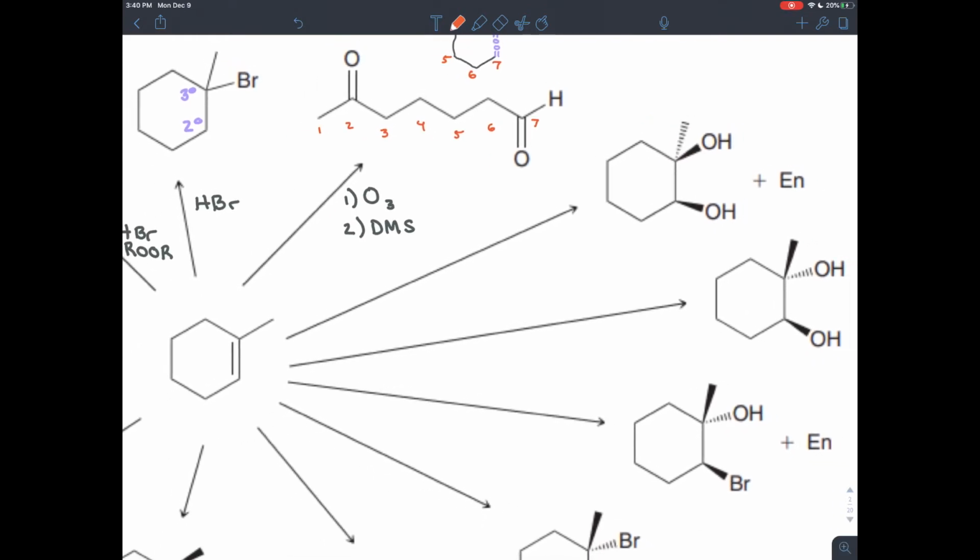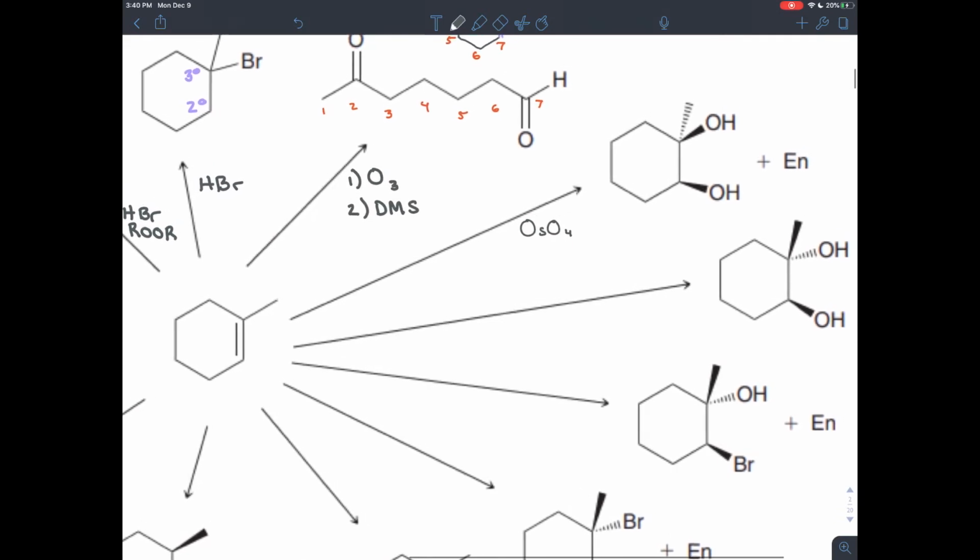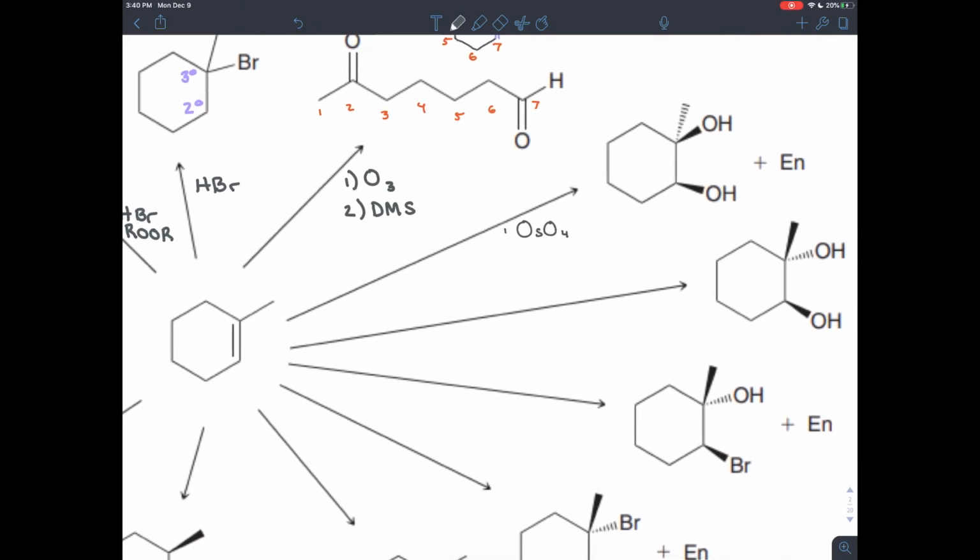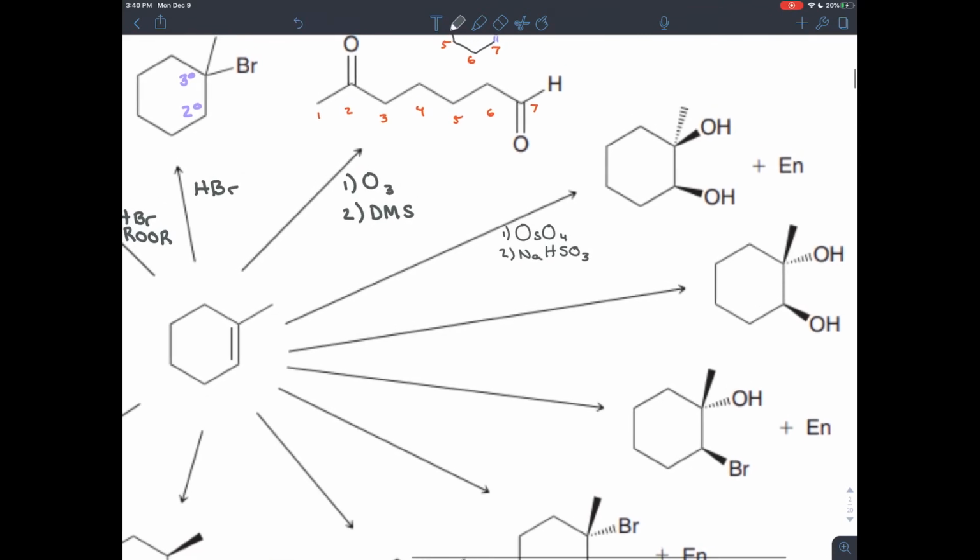Well, there are two ways you could do this. You could use osmium tetroxide, and that would give you one possibility. You'd want to follow that up with sodium bisulfite.